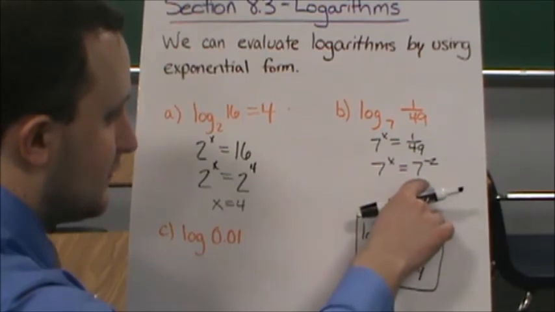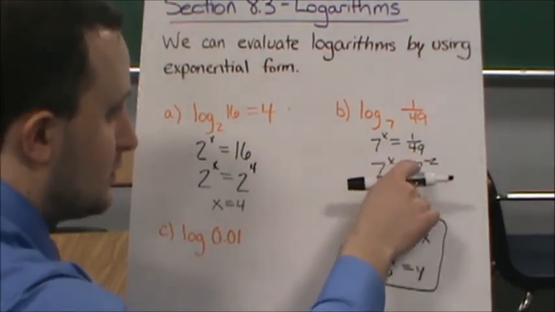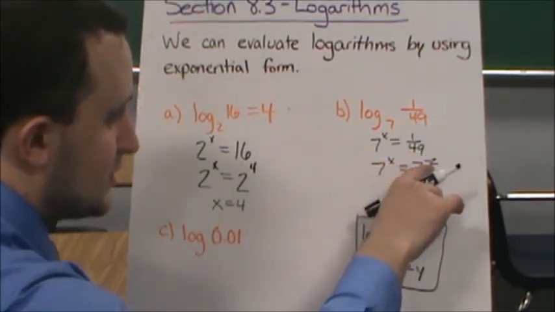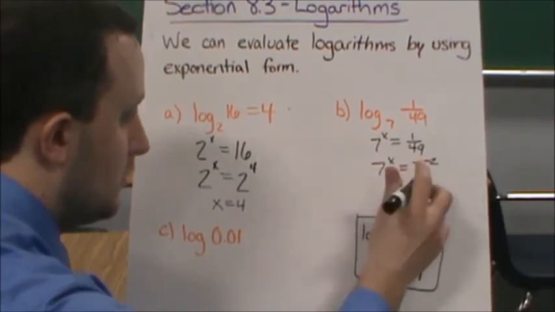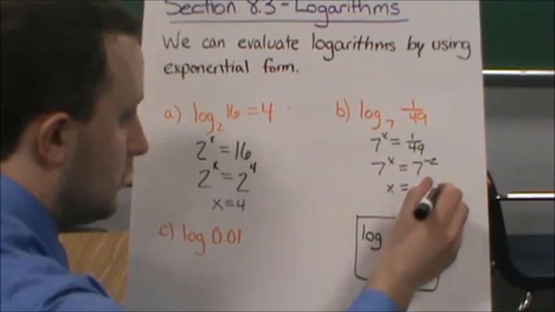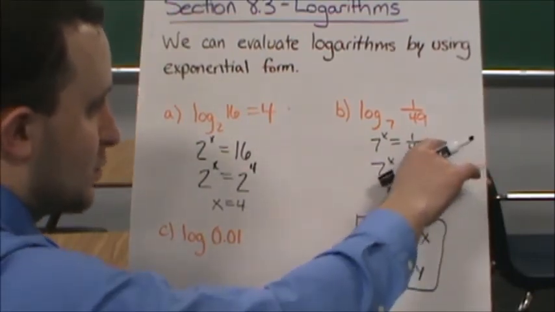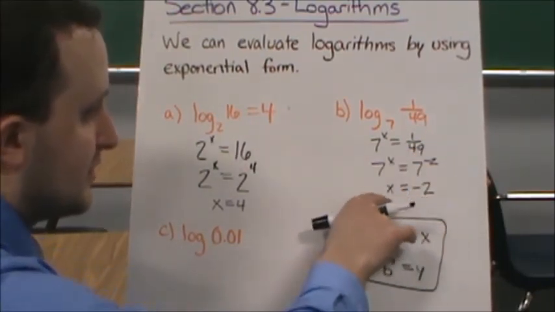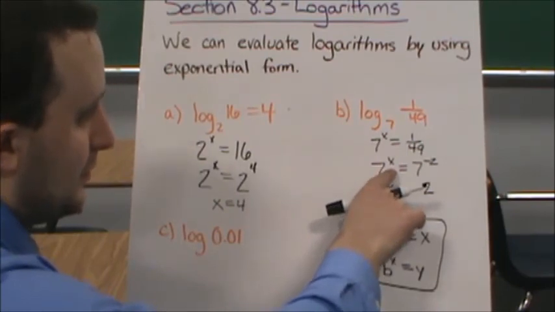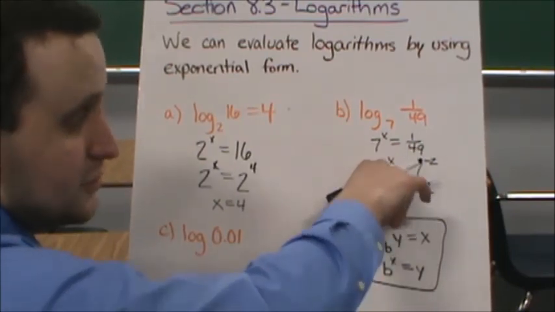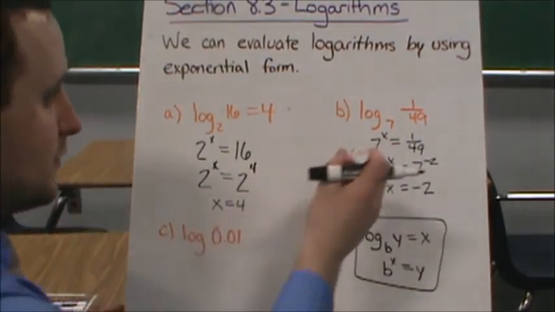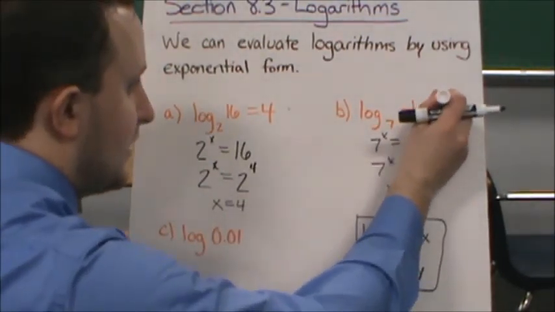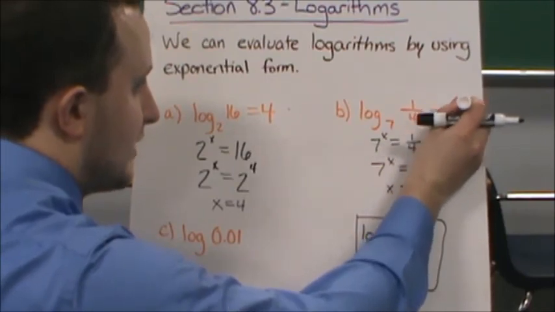Then we're looking for the exponents to equal each other, and that's only true when x is equal to negative 2. If we plug the negative 2 in for x, we get 7 to the negative 2, which is the same thing as 1/49th. So log base 7 of 1/49th equals negative 2.